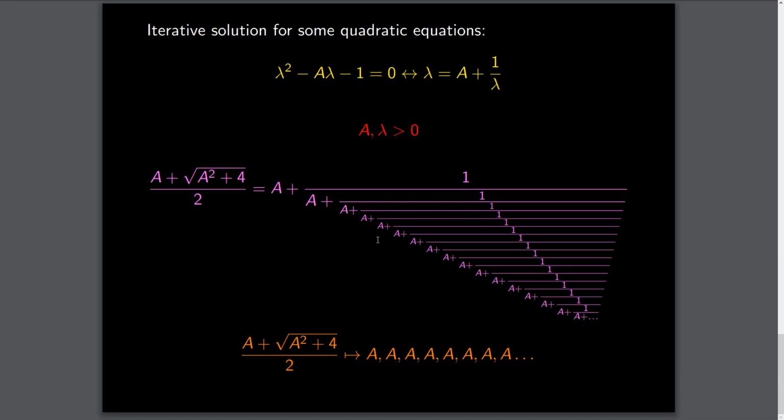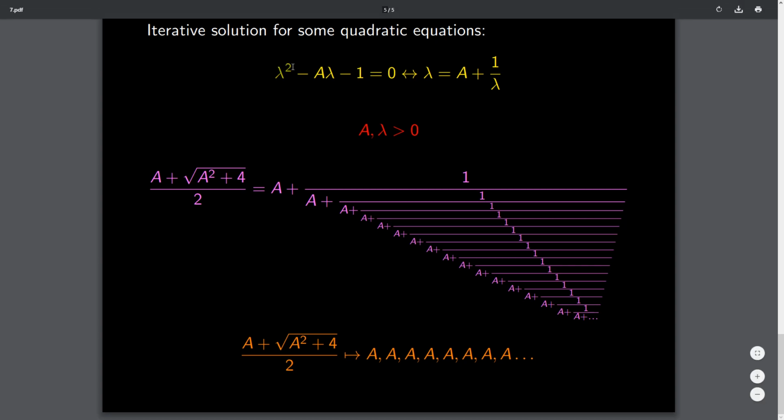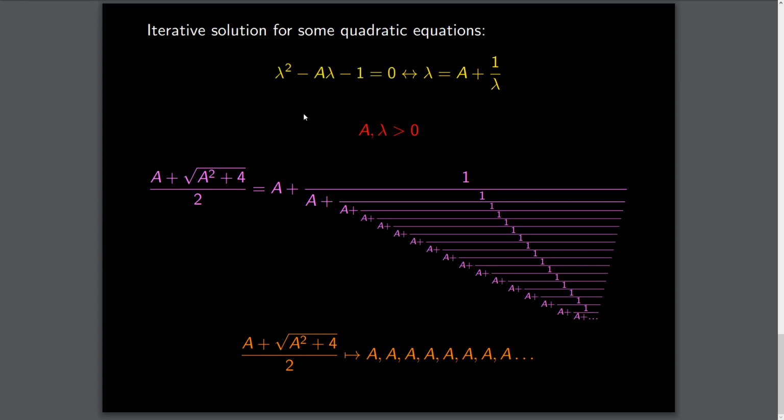And actually, this idea of solving quadratic equations with iterations can be done in this specific form as well. So lambda squared minus a lambda minus 1 equals 0. What you are doing is rearranging this equation and dividing by lambda. Lambda is greater than 0, and a is greater than 0 as well. So you are obtaining this specific equation, lambda equals a plus 1 divided by lambda.